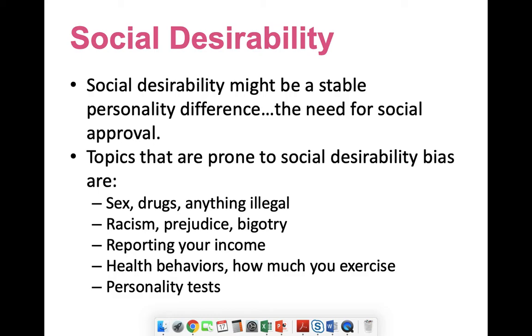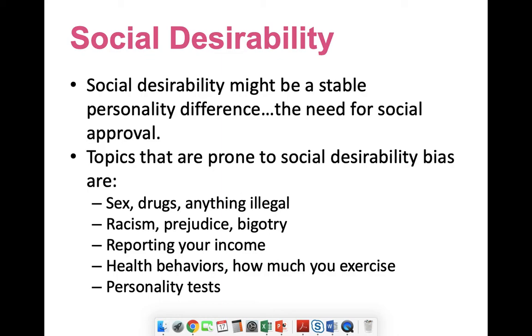Now, when asking surveys and when doing survey research, there are certain topics that are prone to social desirability bias. So asking about sexual behavior, drug use, basically anything illegal, somebody with a strong social desirability bias is likely going to downplay or diminish the extent to which they've engaged in those behaviors. Okay? But you can see some of the other categories as well.